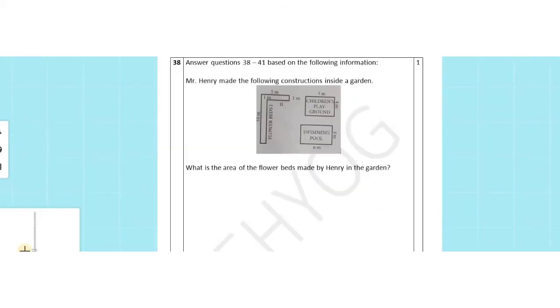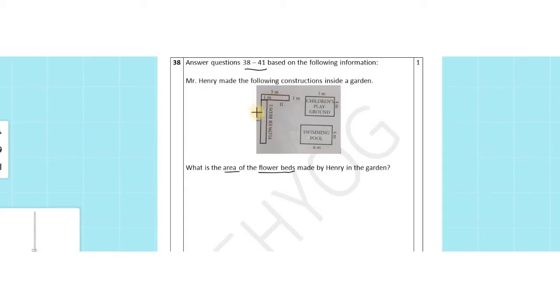In question number 38 to 41, we have a construction inside a garden. What is the area of the flower beds? So, we can see that there are 2 flower beds. So, vertically that flower bed is there.